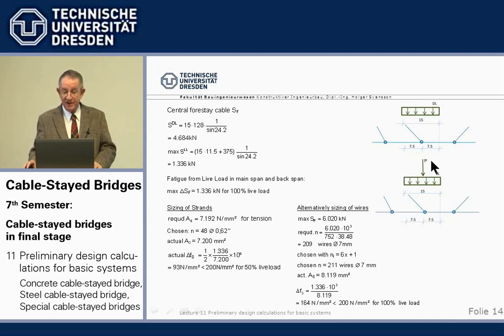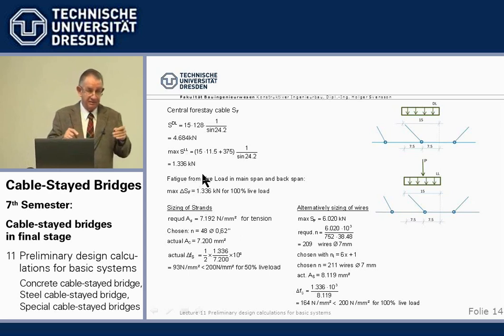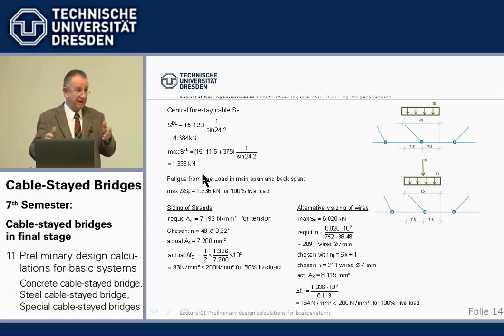Now, for the forestay cables, it's rather simple. We just have the cable distance times the live load plus the concentrated load divided by sine alpha, which gives us the cable force from live load, and there is no negative influence line of the cable force, meaning we do not have compression from any live load position as we have in the backstay cable.